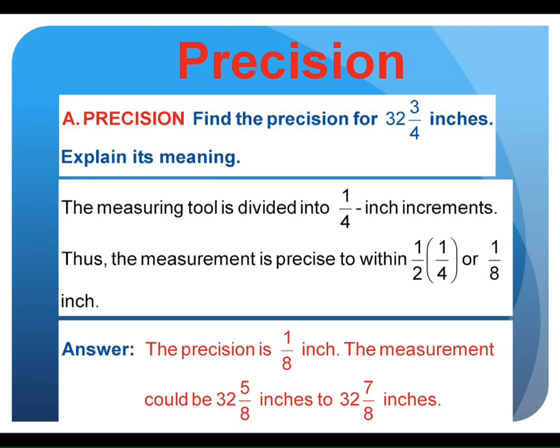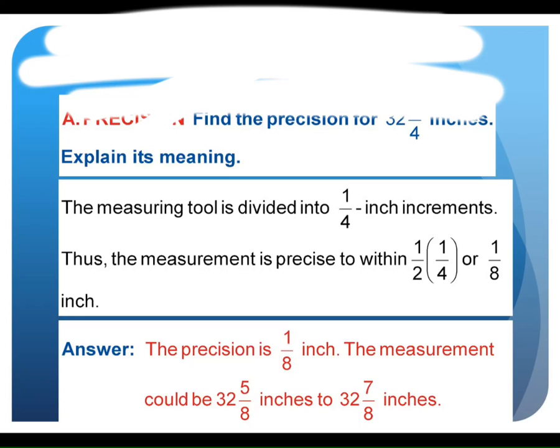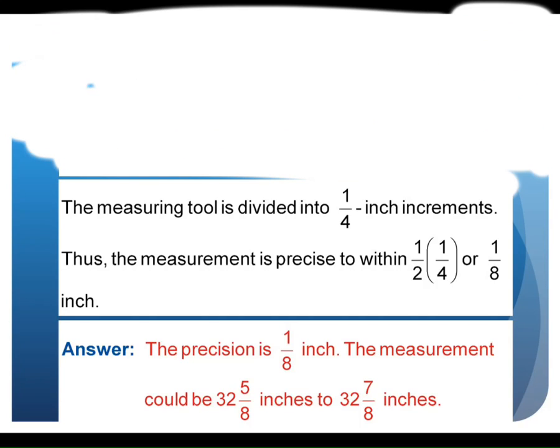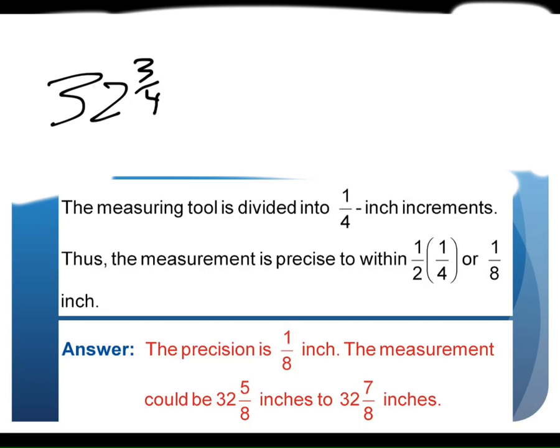Well, our original measurement, let me clear out some space here. I'm going to make some writing space here. So our original measurement was 32 3/4 of an inch, right? And we said the precision of this measurement is always half of the smallest unit, which we found to be 1/8 an inch.